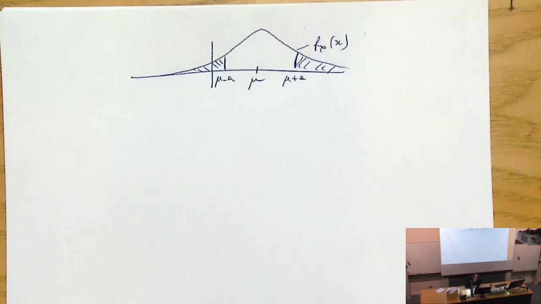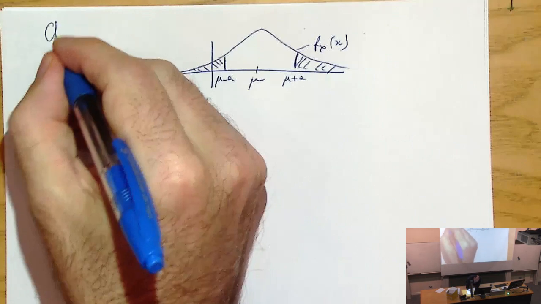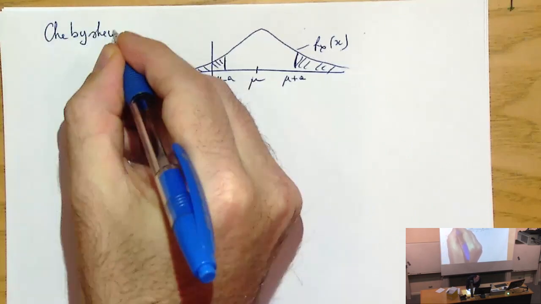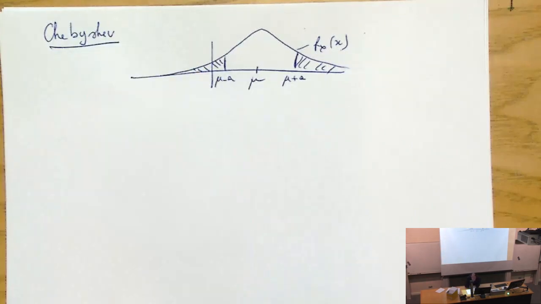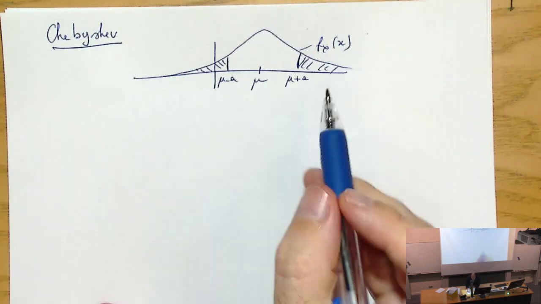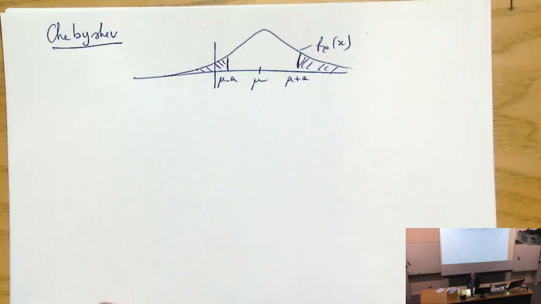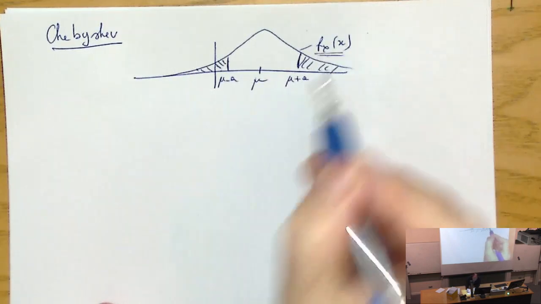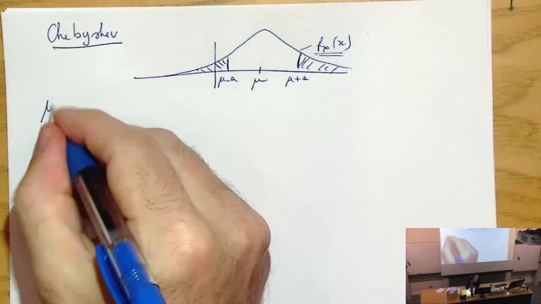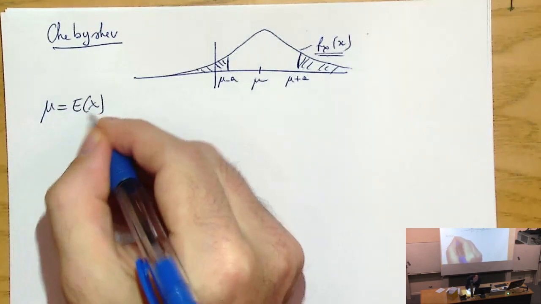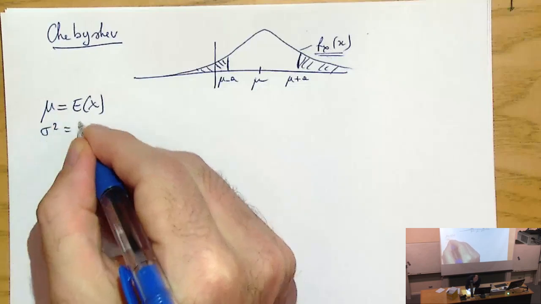The question we try to answer here using what is called the Chebyshev inequality is to identify what is the actual area under this curve, what is this probability, when you don't know the PDF. You don't know f of x. The only things that you know are the mean, that is the expectation of x, and a variance that is given by sigma squared.